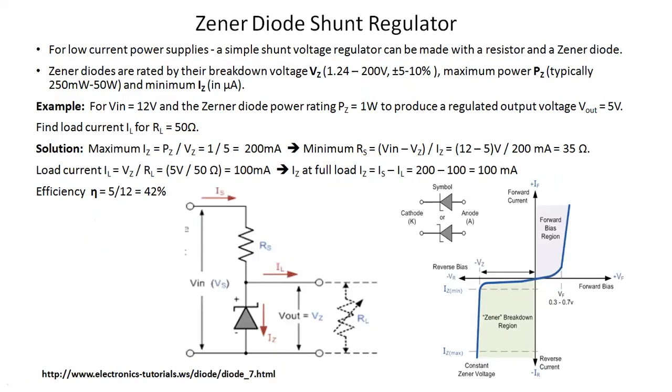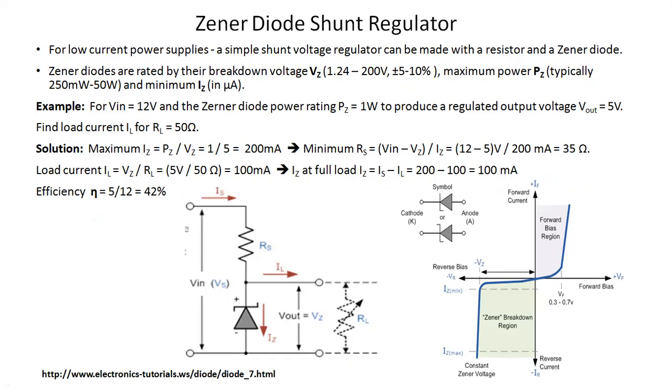Now what we want to see here is the Zener diode shunt regulator. For a low current power supply, a simple shunt voltage regulator can be made with a resistor and a Zener diode.